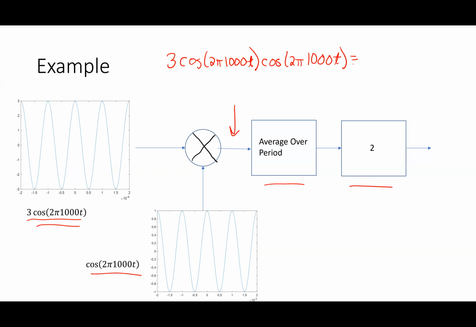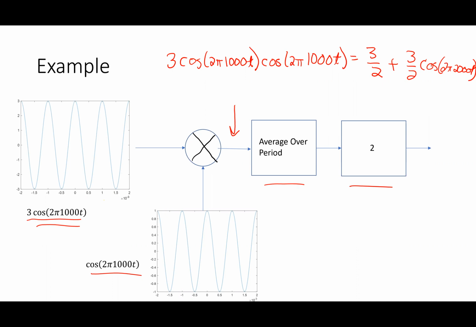Yeah, 3/2 plus 3/2 cosine 2 pi 2000 t. If I multiply 2 cosines, I always get a term at the difference of the frequencies and the sum of the frequencies. In this case, the difference of the frequencies is 0.